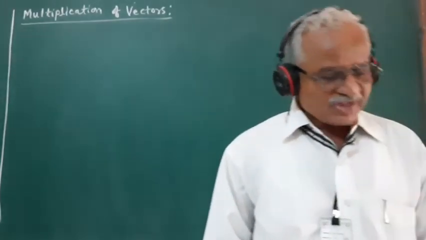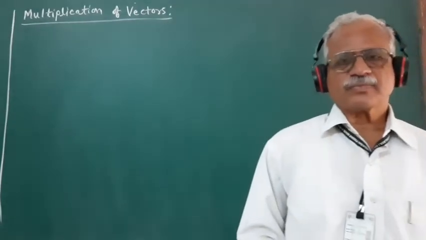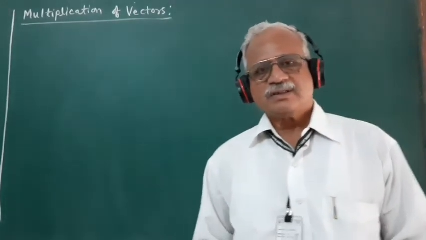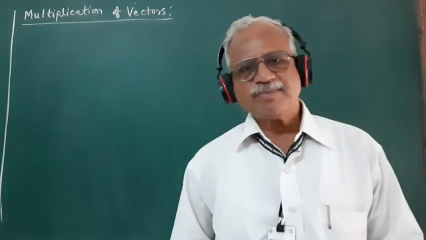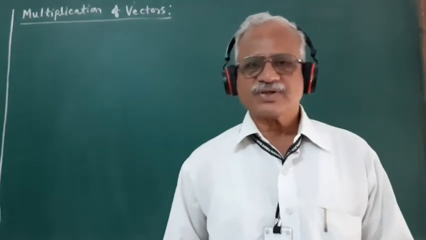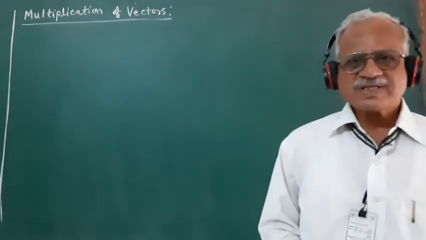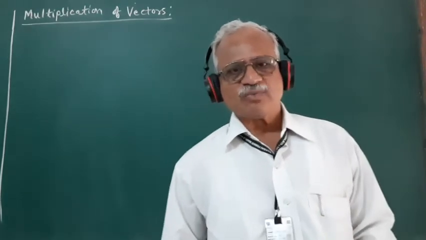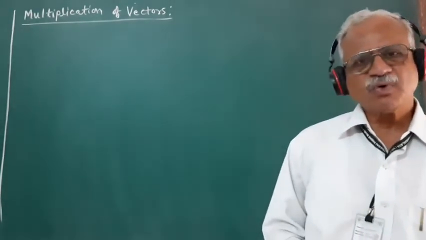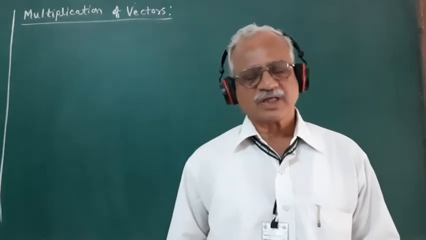The direction of this resultant vector is found to depend on whether the scalar with which we are multiplying the given vector is positive or negative. If the given scalar is positive, then the direction of the resultant vector is found to remain same as the original vector, given vector.